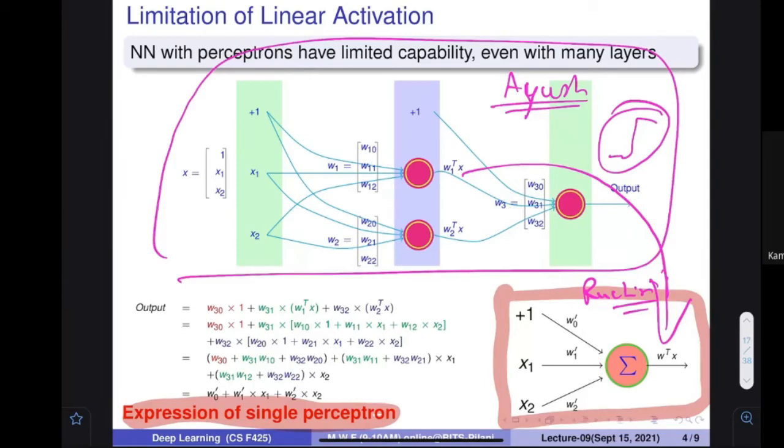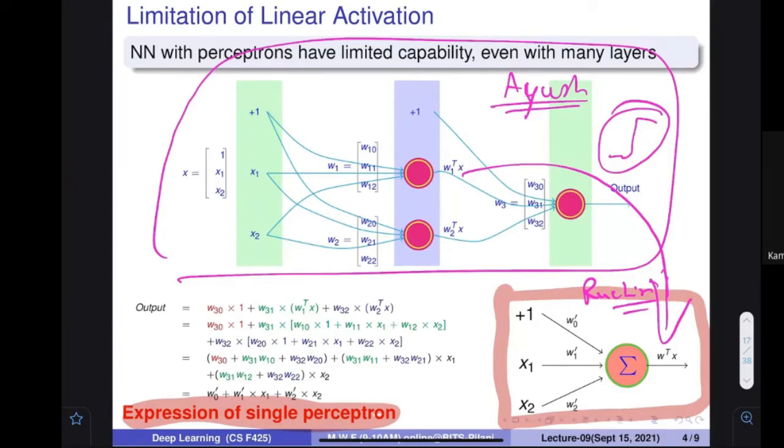So while we have solved a very important problem of convergence, we are actually stuck on generalizability. Now everything is actually a single perceptron. So this is a big problem.